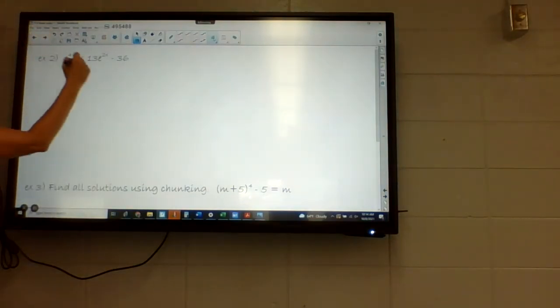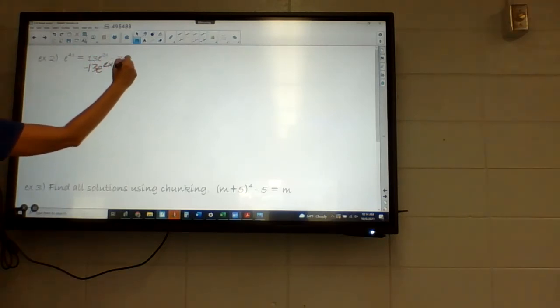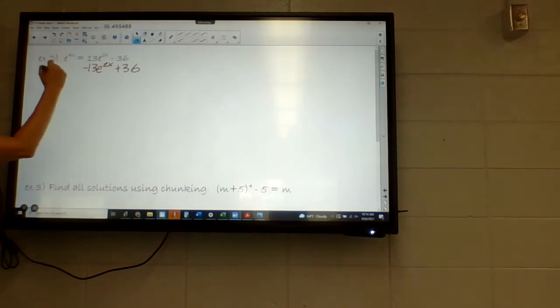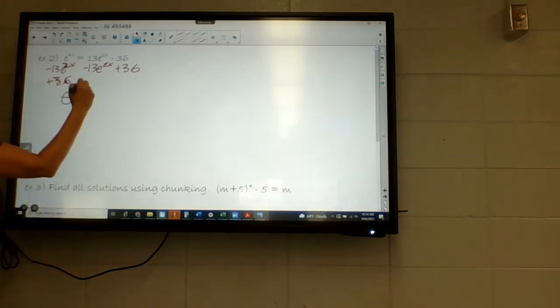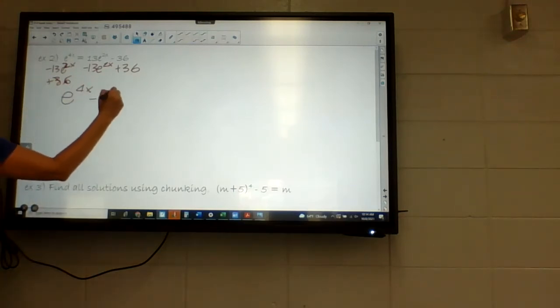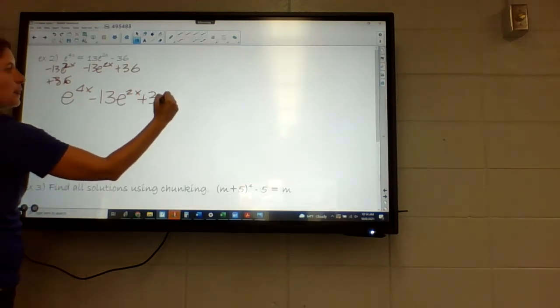Both of these are going to move over. So I have e to the 4x power minus 13e to the 2x plus 36, and that equals 0.